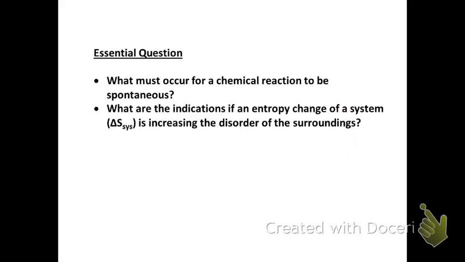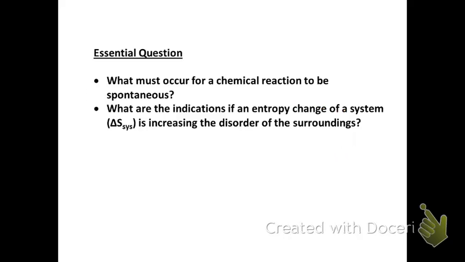And remember, we said that in order for a chemical reaction to be spontaneous, two things can occur. One is that it can be an exothermic process where heat energy is being dispersed into the surrounding environment. And remember that when heat is being dispersed into the surrounding environment, it increases the disorder or chaos or randomness of the surrounding environment.